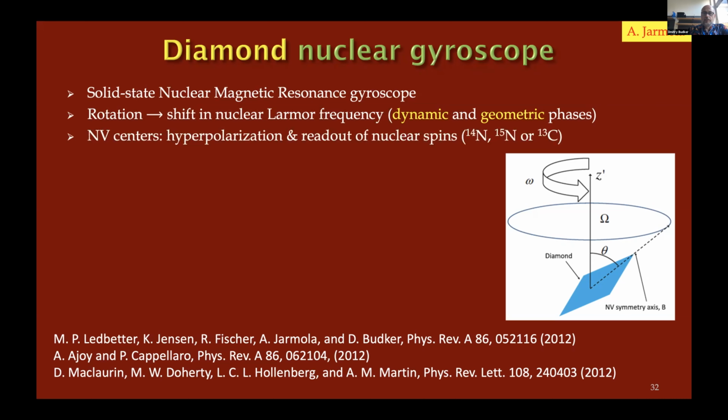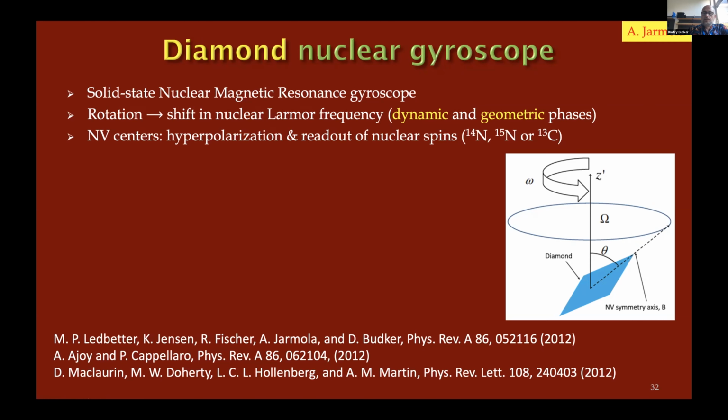And so there are 2 kinds of sensing that you can think of. If you are rotating around the symmetry axis of the NV center, you can measure just a dynamic phase, so to say. But if you then take the diamond and you rotate the whole thing around an axis that's not collinear with the axis of the NV, then under certain conditions, you can acquire Berry's phase or geometric phase, and you can also use that to determine rotations.